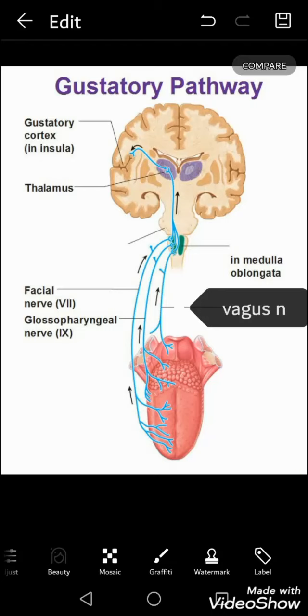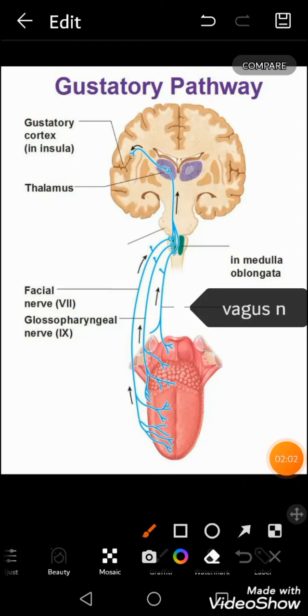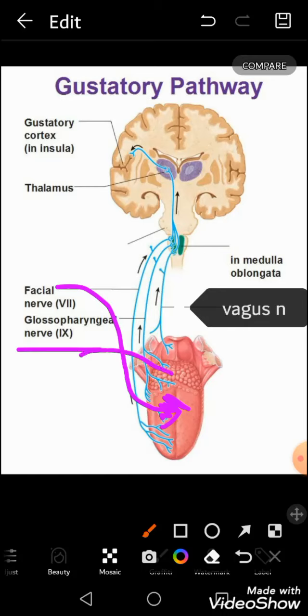Now you can see here in this diagram, let me repeat, the facial nerve is taking information from the anterior two-third, the taste fibers, and of course the papillae located here, and the glossopharyngeal is taking the gustatory information from the posterior one-third, and of course the circumvallate papillae, right?